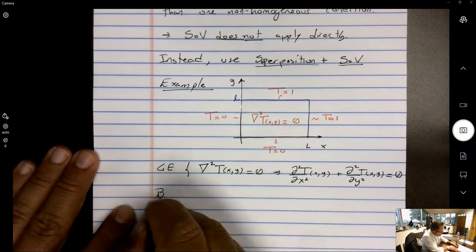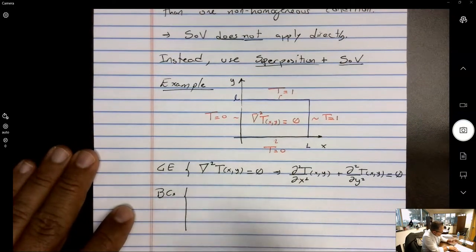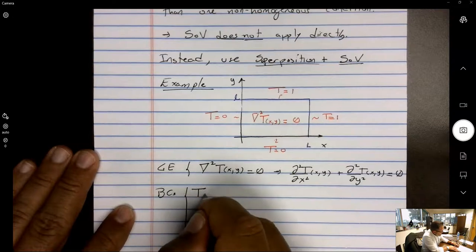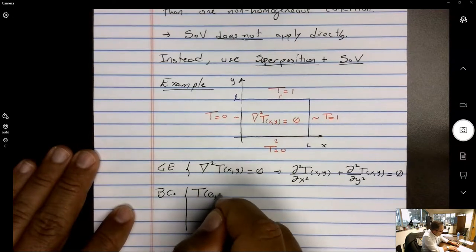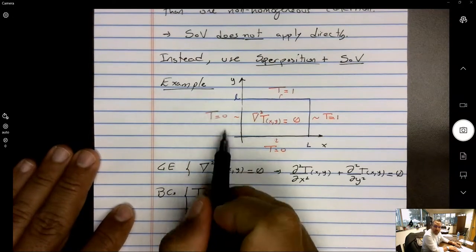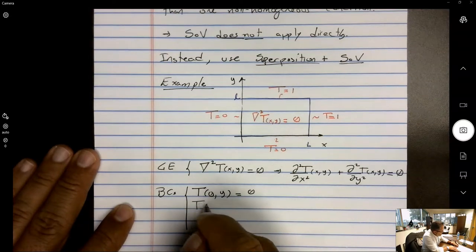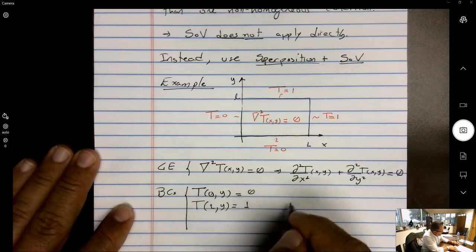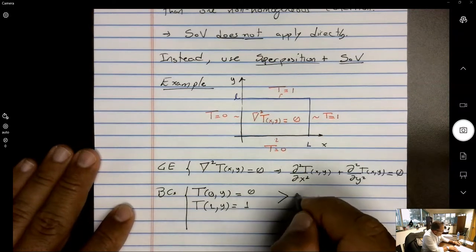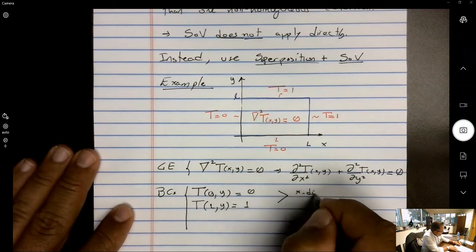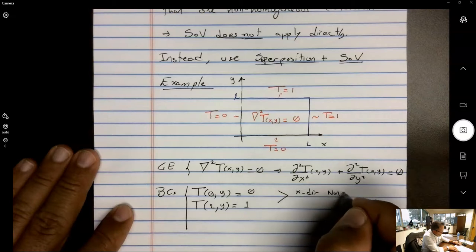The boundary conditions are posed as temperature at x equals 0, comma y, the left wall, is equal to 0, while the temperature at x equals L, comma y is equal to 1. So as you can see, in the x direction it is non-homogeneous.